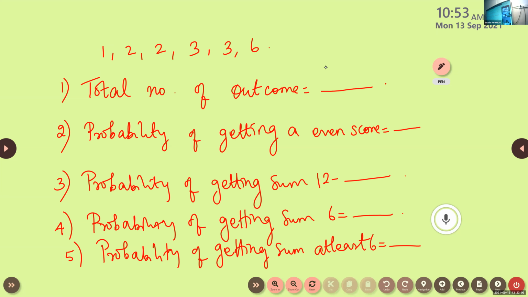One die with 6 numbers, you throw it 2 times. What is the total outcome? Okay, Melvin. 36. Yes, correct. It is 36.